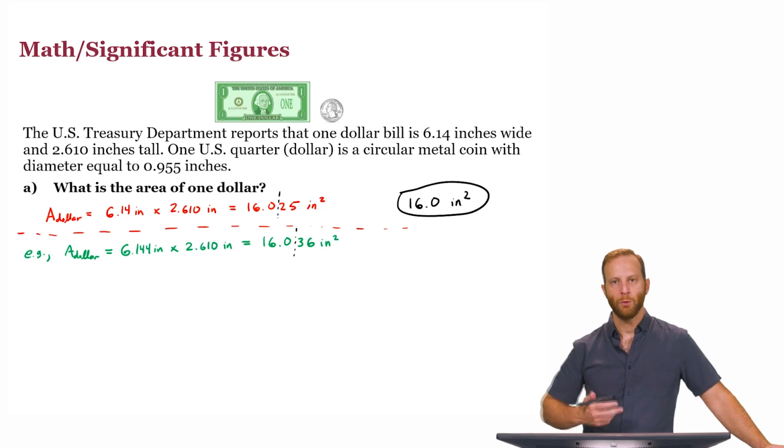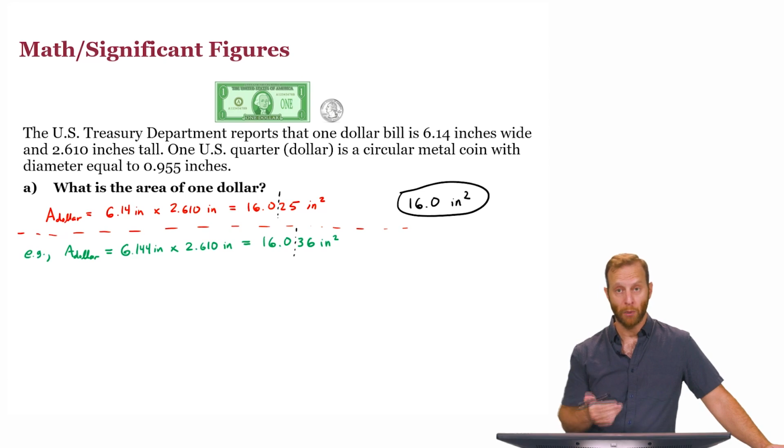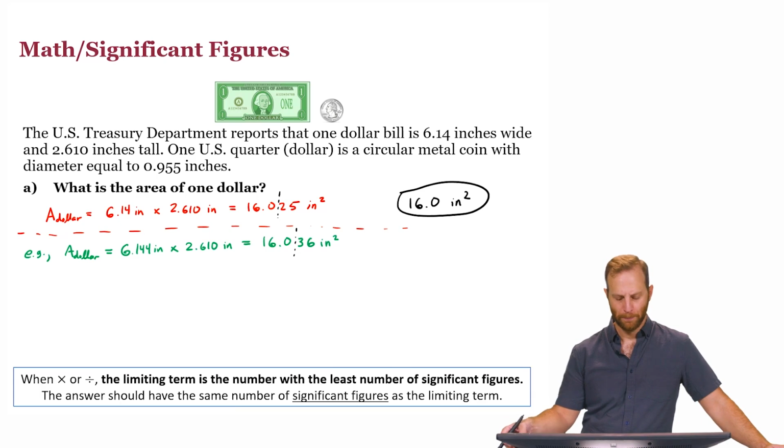So we have to remember that while we do our calculation, we can keep extra digits around, but in the end, what we're going to report for our final answer is limited by the limitations of the inputs. We can summarize it this way.